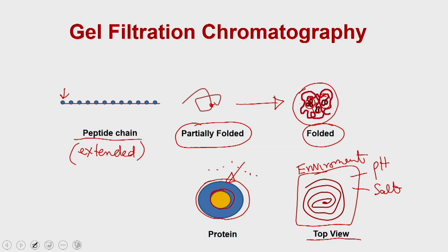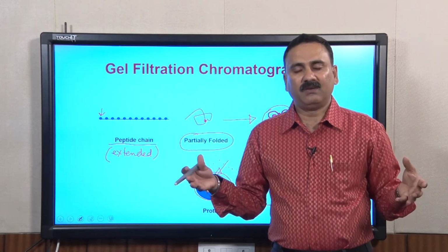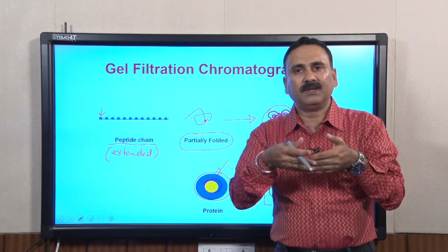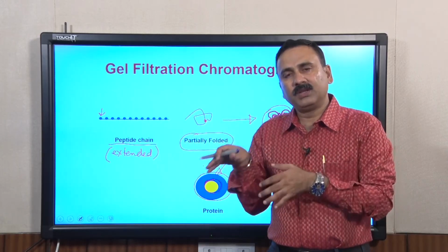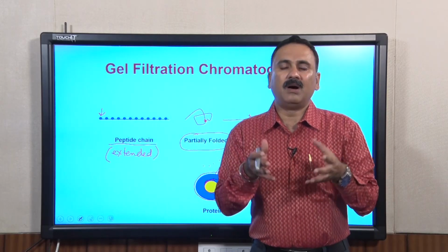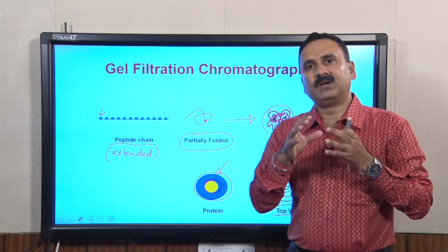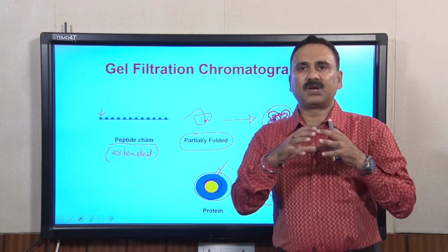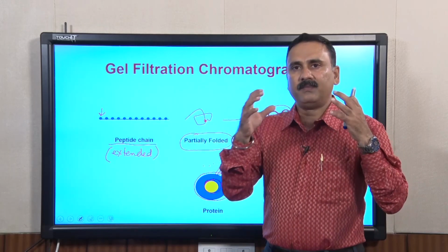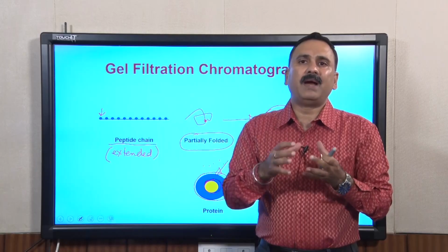Because of that, all the polar as well as the charged residues are arranged outside, and all the hydrophobic amino acids which do not like the water or the aqueous environment get focused into the center of the protein. By folding around a particular center, the protein is trying to conserve energy as well as make the structure as compact as possible.